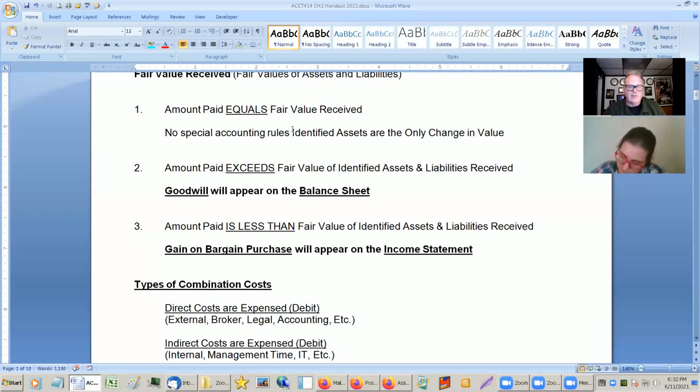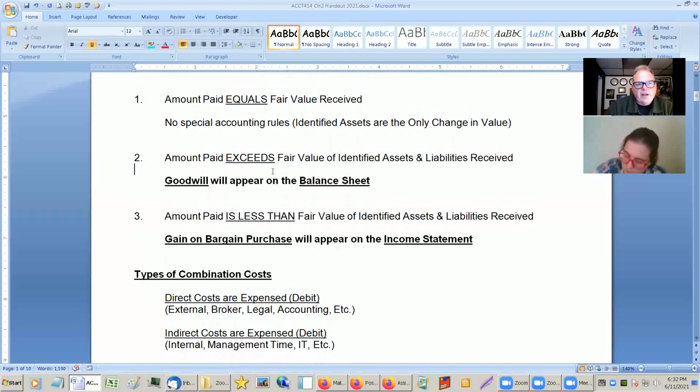Yeah, so the identified assets are the only change. So their inventory is worth $10,000 more, but you pay $10,000 more for the inventory, and that's it.